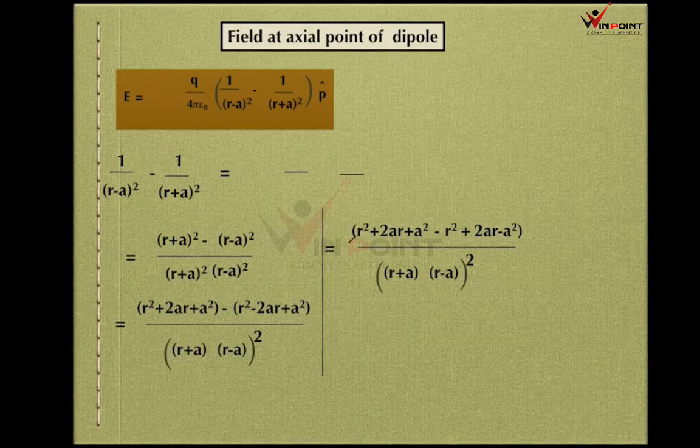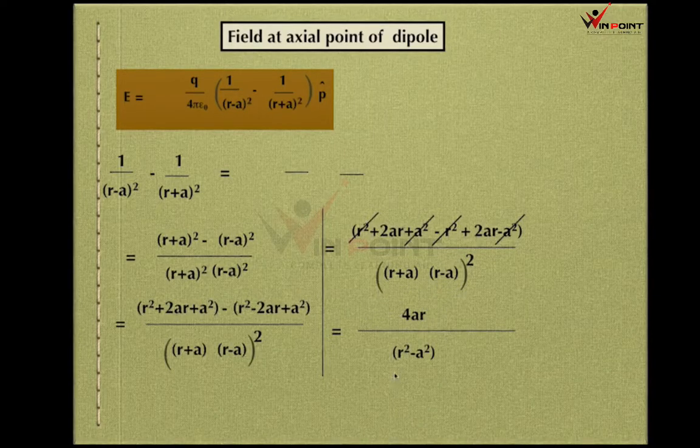Now we can cancel this r square and r square, a square and a square, and it will be 4ar, this 2ar and this 2ar, total 4ar. This (r plus a) into (r minus a) is in the form of (a plus b) into (a minus b), so it will be a square minus b square.